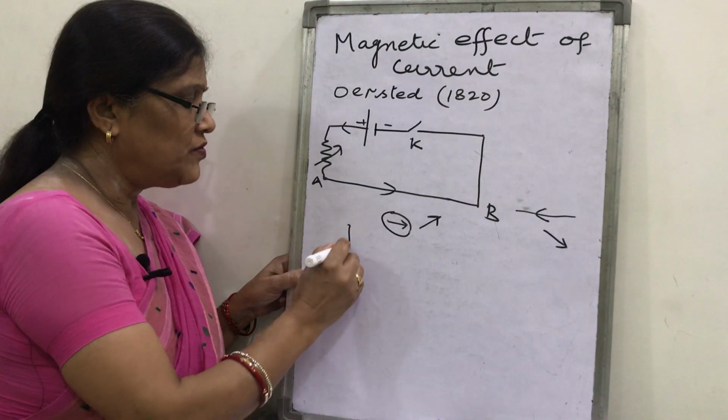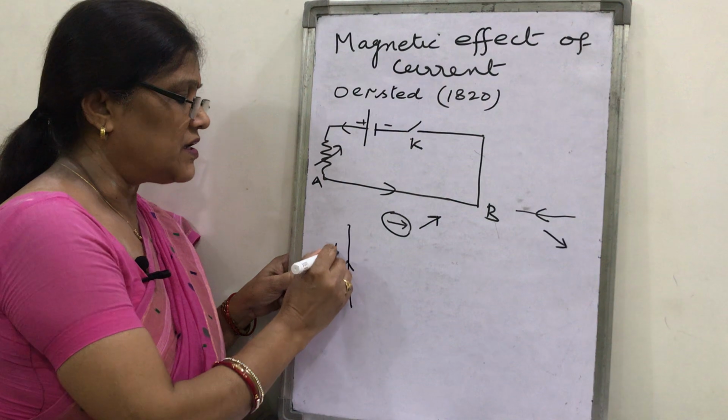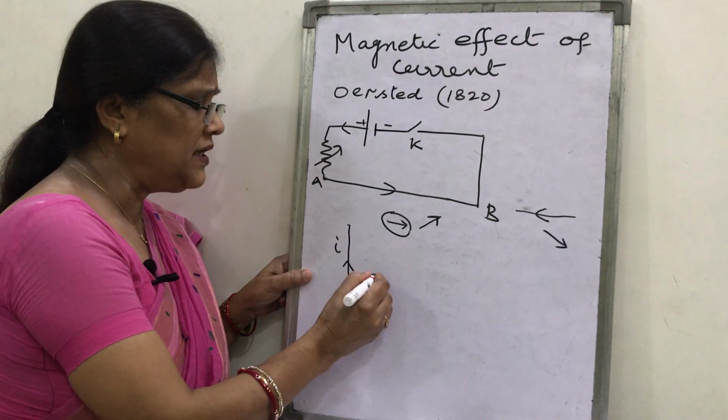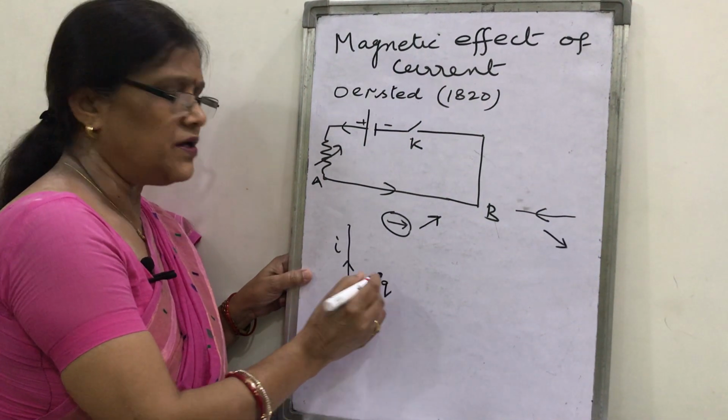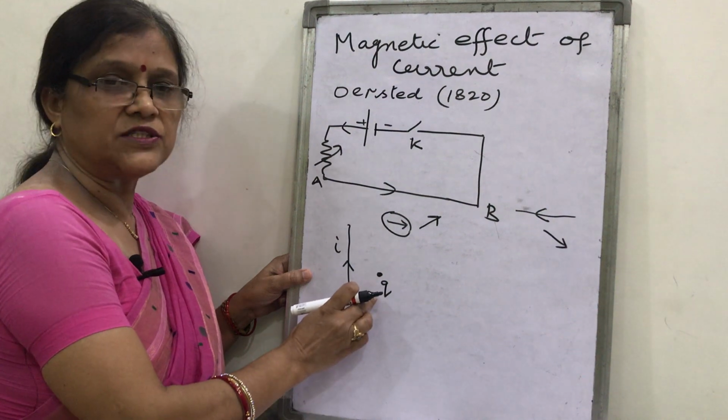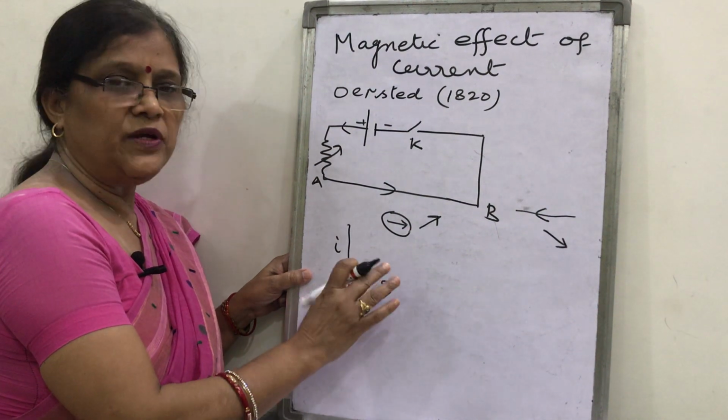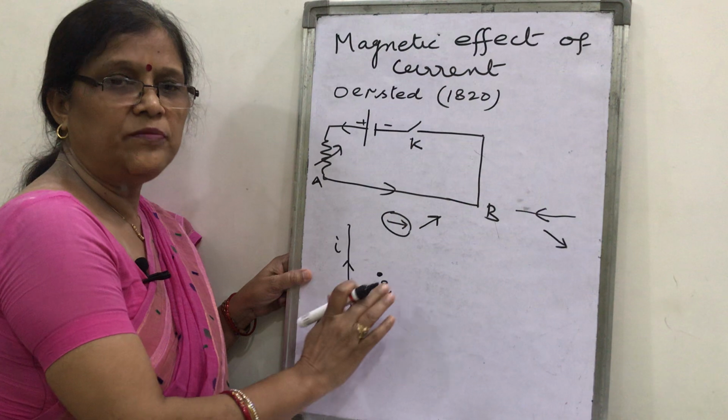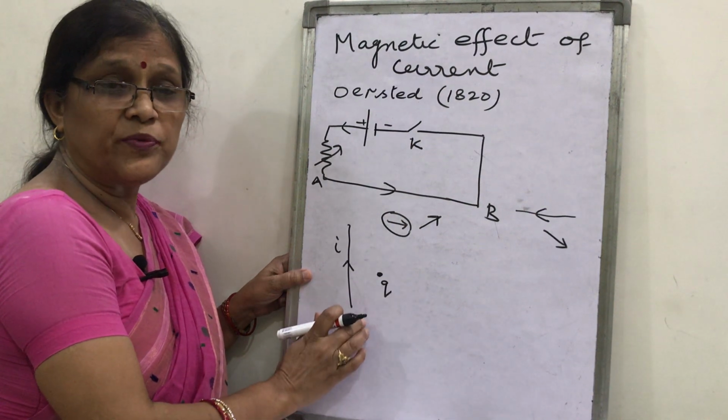You can also prove that if there is a current carrying conductor I, and you place a charge Q here, the charge is at rest, there will be no effect on the charge, the charge will not be deflected. What does it prove?